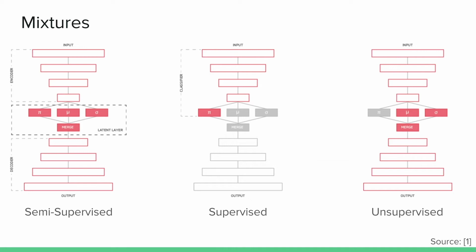We can also do the thing at the very right, which would be unsupervised, where we don't have this classification in the center. And then we can have both of them, this semi-supervised setup, where we help the network do a better job at classification by giving it assistance and more information by running this full autoencoder and reconstructing the input.